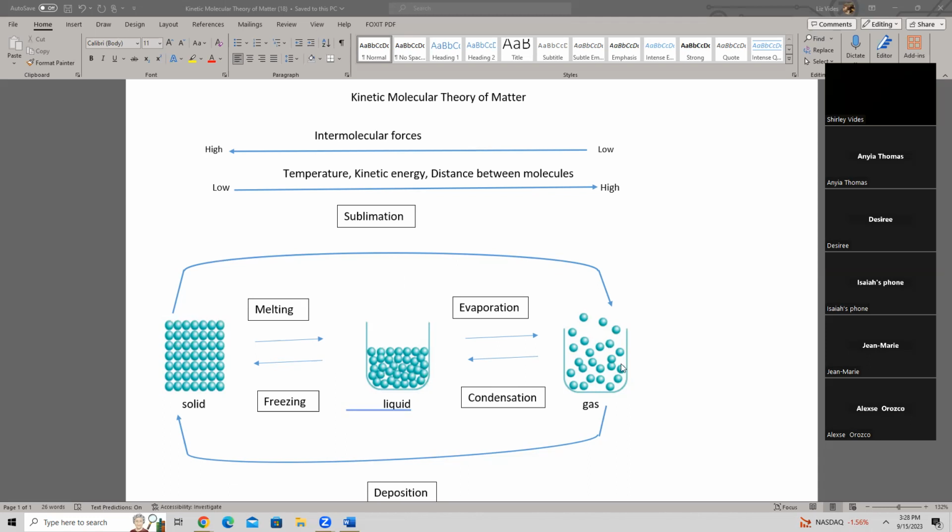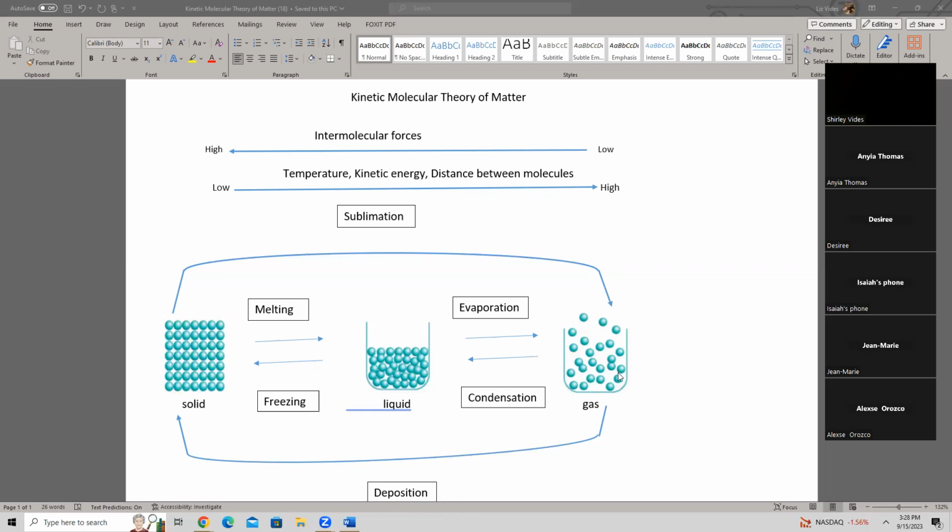And then the opposite term, when a gas becomes a solid directly, as in when you wake up in the morning and there's frost formed on the ground, excuse me, not dew. I meant frost, frozen dew. So frost, that is deposition.